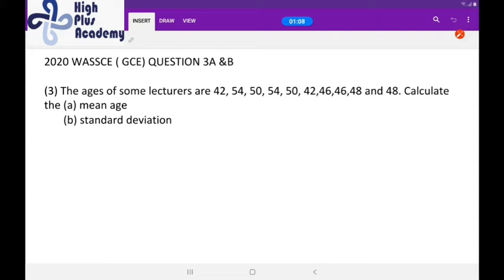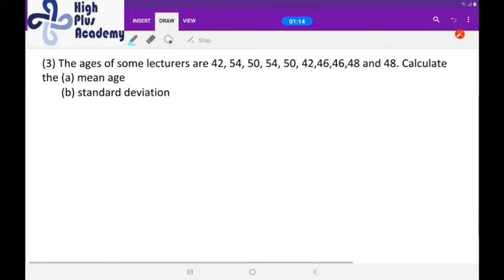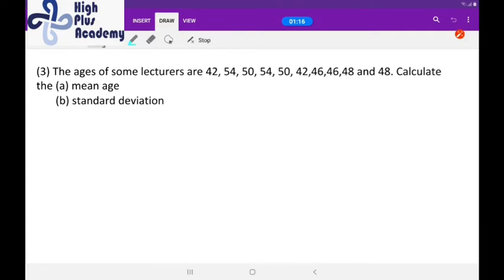Now to calculate the mean, we have to quickly know that mean means adding everything, summing them together, divided by the number of values we have. But in this case, we are going to be using this method.